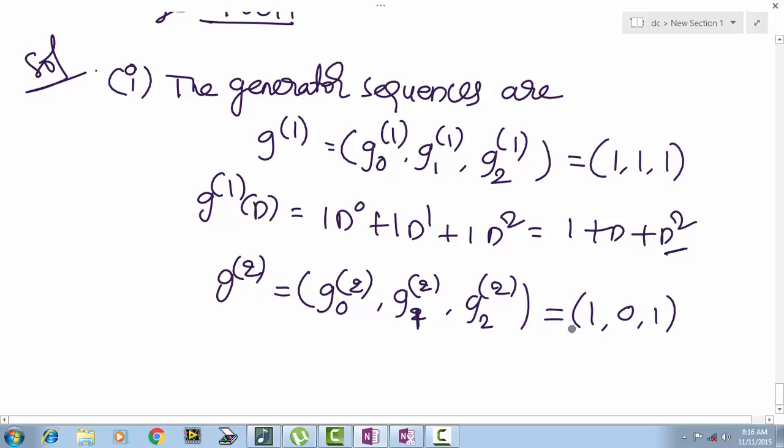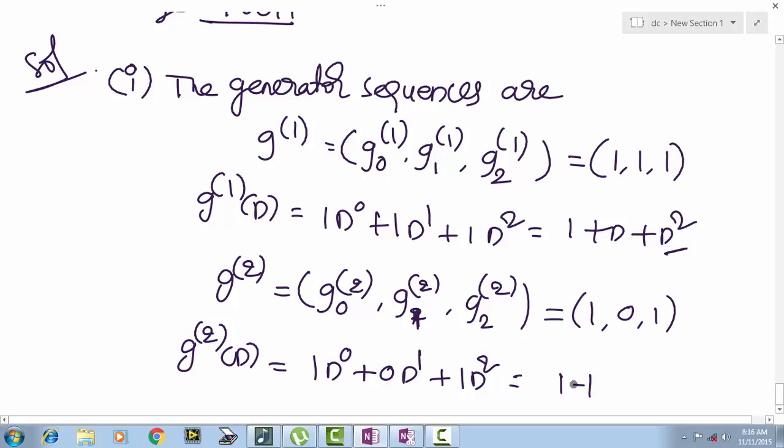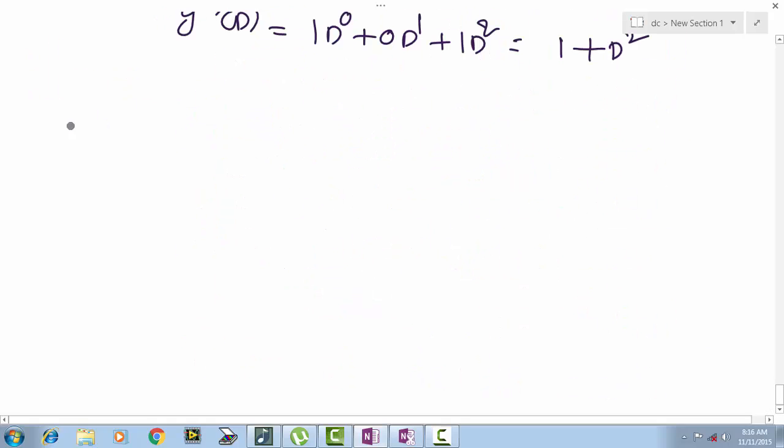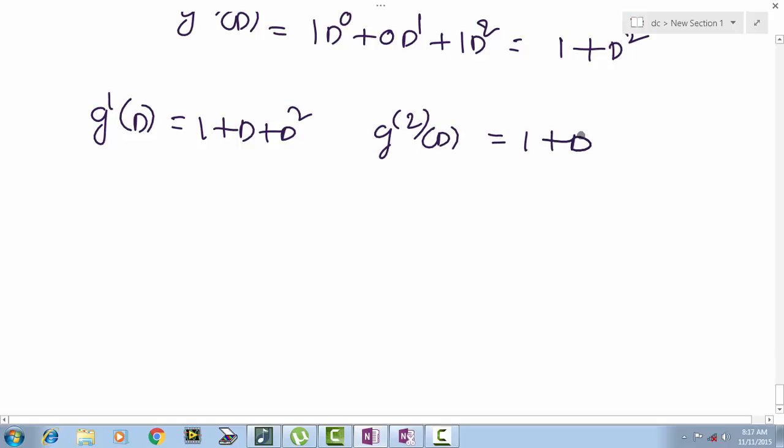So this is the second generator sequence, and the corresponding generator polynomial g2 of d is equal to 1 d power 0 plus 0 d power 1 plus 1 d square, which is equal to 1 plus d square. So we got the two generator polynomials. The first generator polynomial is 1 plus d plus d square. The second generator polynomial is 1 plus d square.